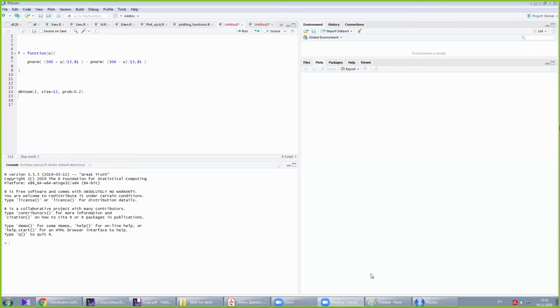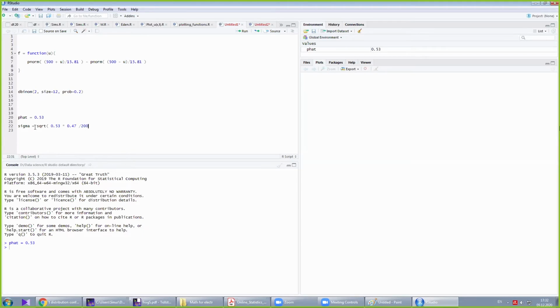So let's say we have p hat equals 0.53. Then let's have sigma equal to 0.53 times 0.47 divided by 200, and then the square root.